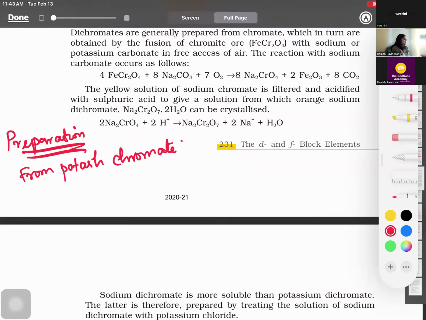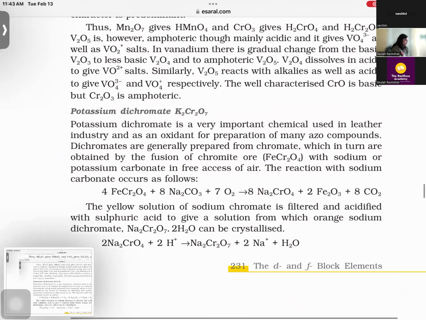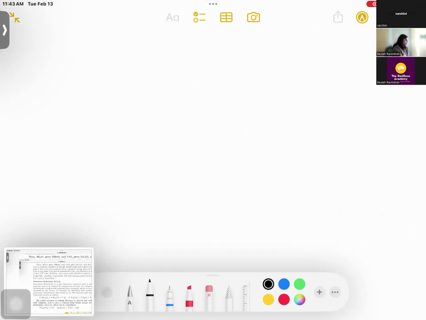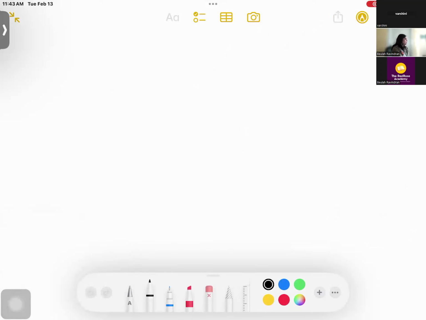So potassium dichromate can be obtained. I'll open the book here. Is it clear for you? This page. Potassium dichromate. Just write it down.